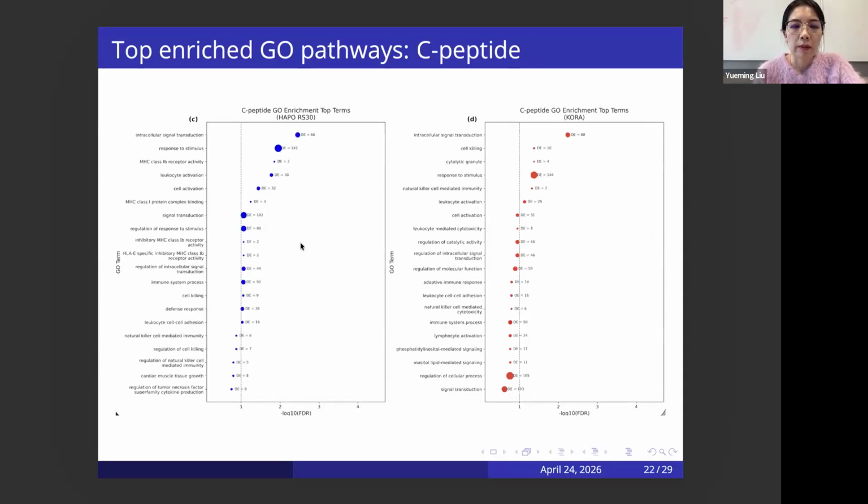Here are some readouts for the top enriched GO pathways for C-peptide. For this one, it is generally weaker than the phenotype birth weight. But overall, we can say that the HAPO R30 tends to show a stronger ability to capture biologically relevant pathways here.